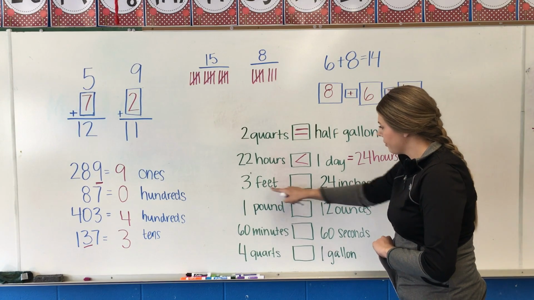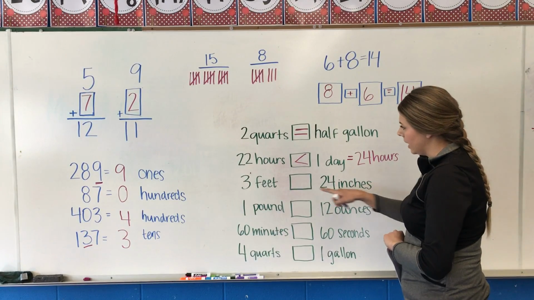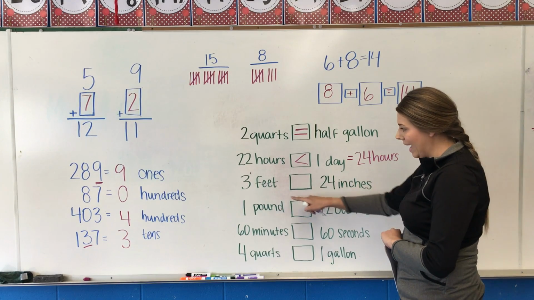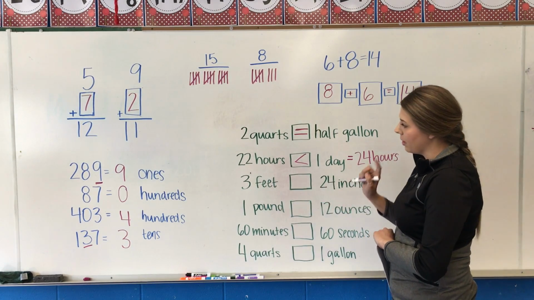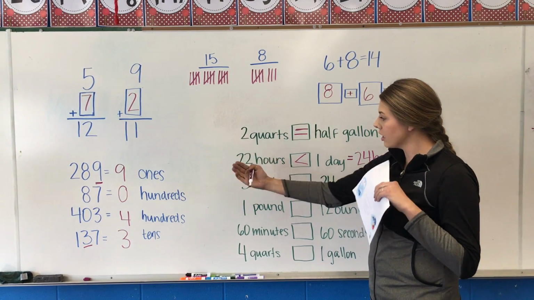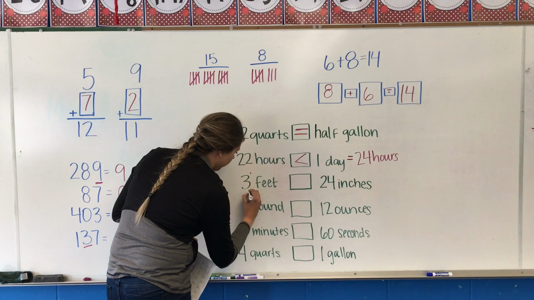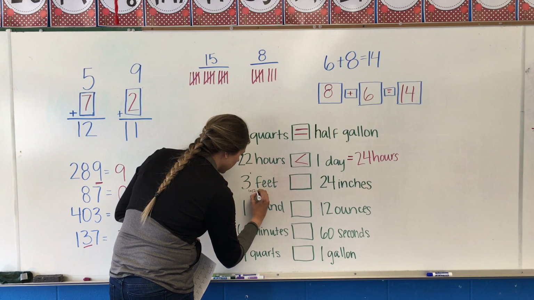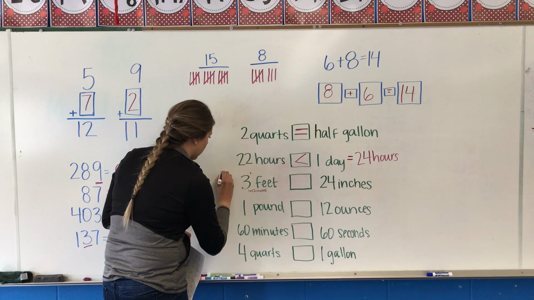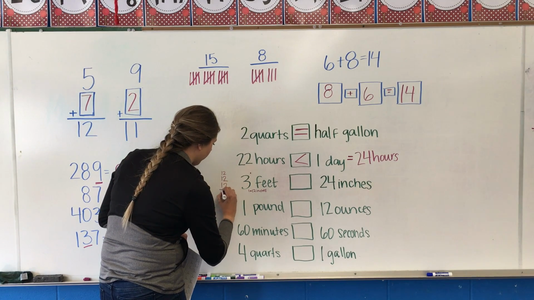And then our next one, we have 3 feet or 24 inches. So we know that, let's see, we'll start here. This is a smaller number, but is that going to be the smaller fact? If we have 3 feet, we know that 1 foot equals 12 inches, and 3 feet is our yardstick. So we're going to have to add 12 plus 12 plus 12.